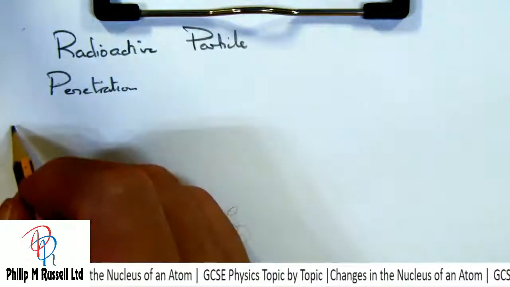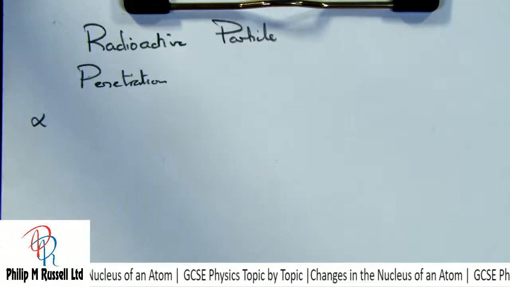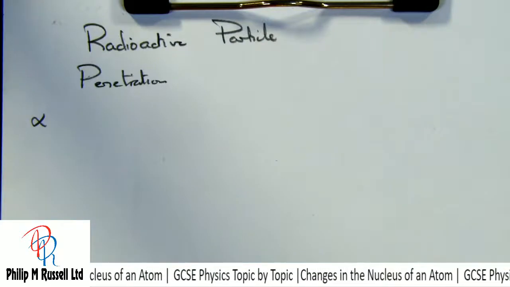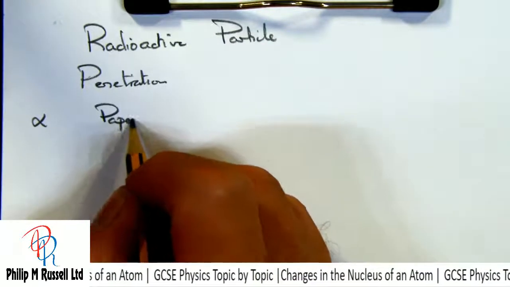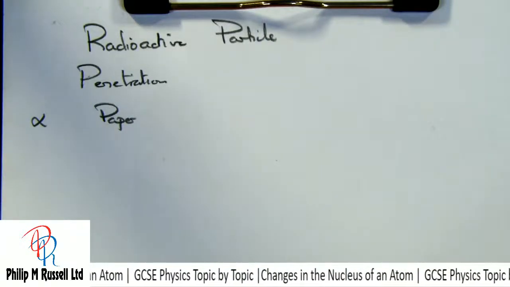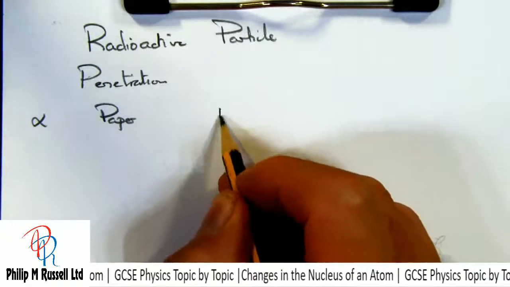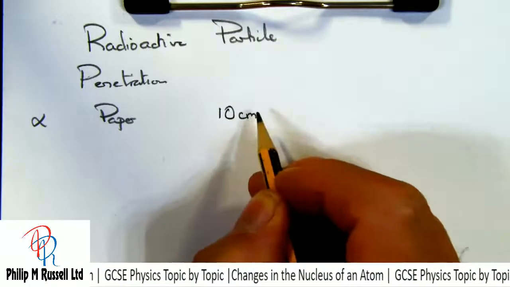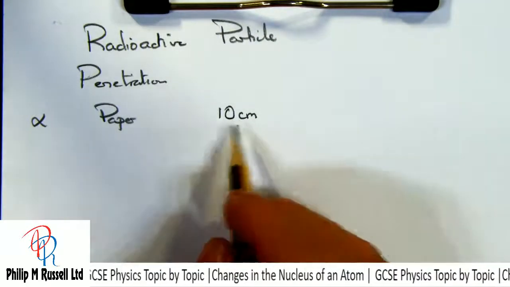So we've got our alpha particle, and what can this penetrate? Well, it's stopped by basically a piece of paper, and we can find that it's got a range of about 10 centimeters in air, probably less than that.